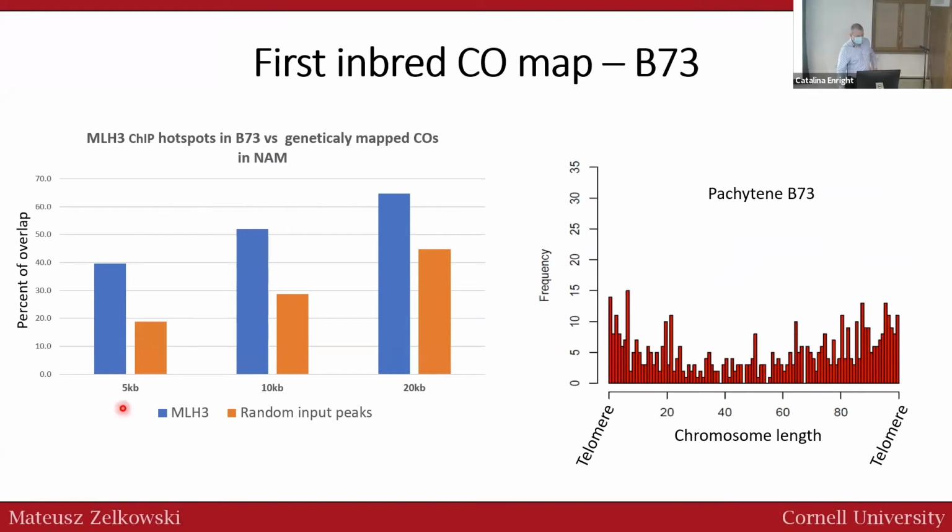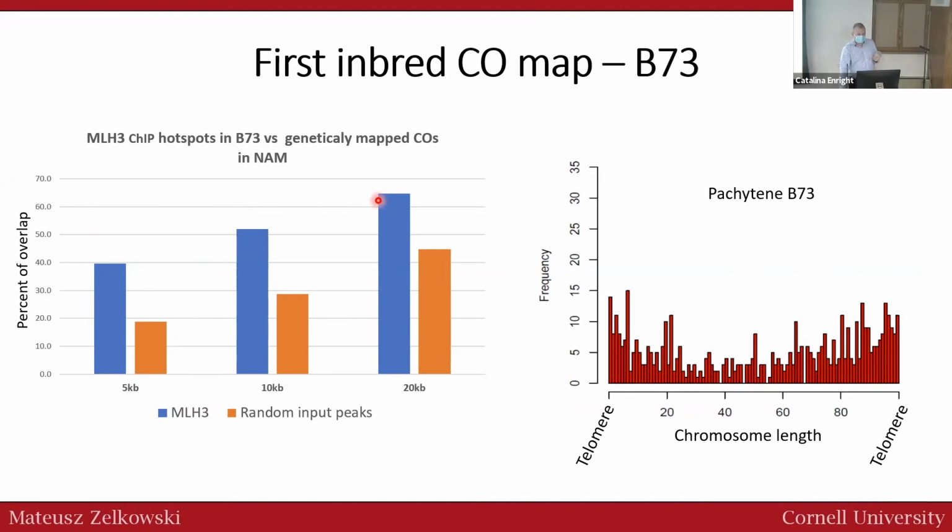We have the different window sizes here, and we compare this with the NAM population, which is nested association mapping, created by B73 crossed with multiple inbred lines. And we compared these sites of the crossovers with our MLH3, and we got more than 65%.